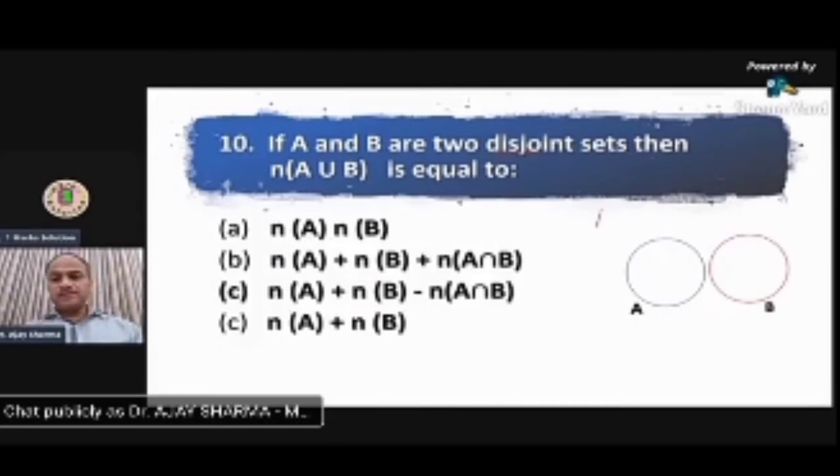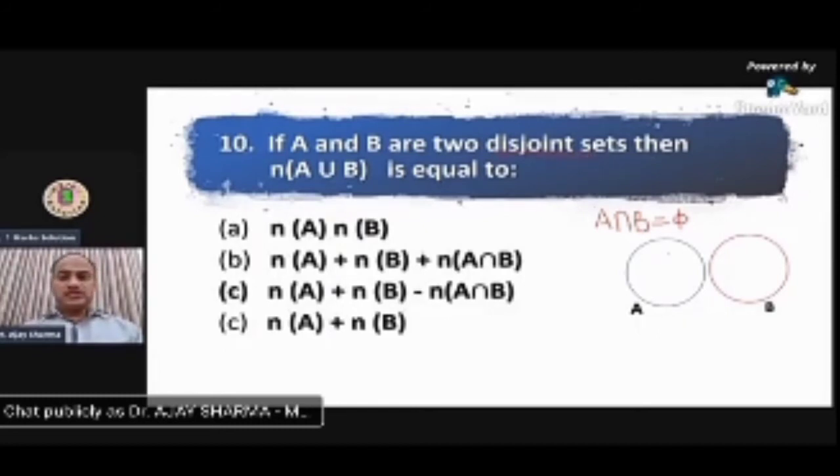Or you can say if A and B are disjoint sets, then A intersection B is equal to what? A intersection B is equal to phi. Okay, it is a null set. This is the particular meaning of disjoint sets.